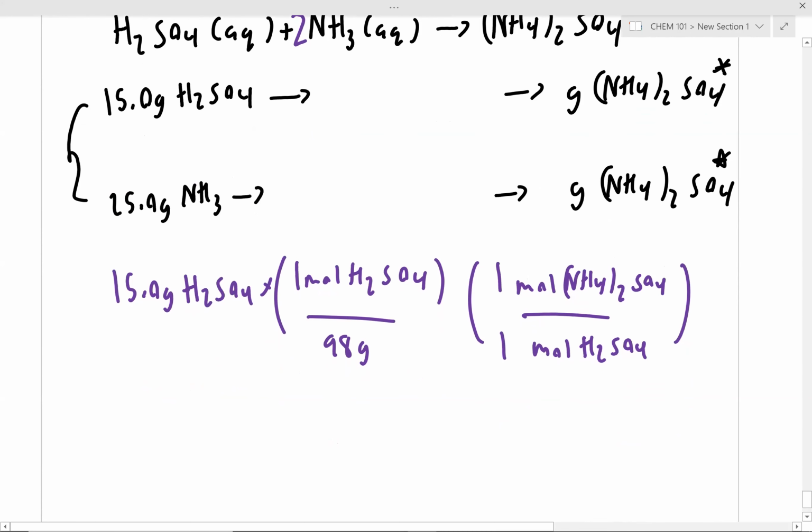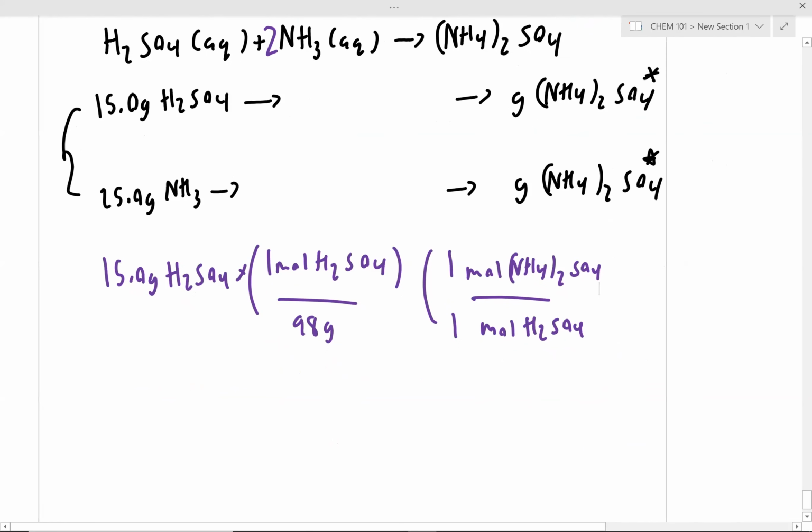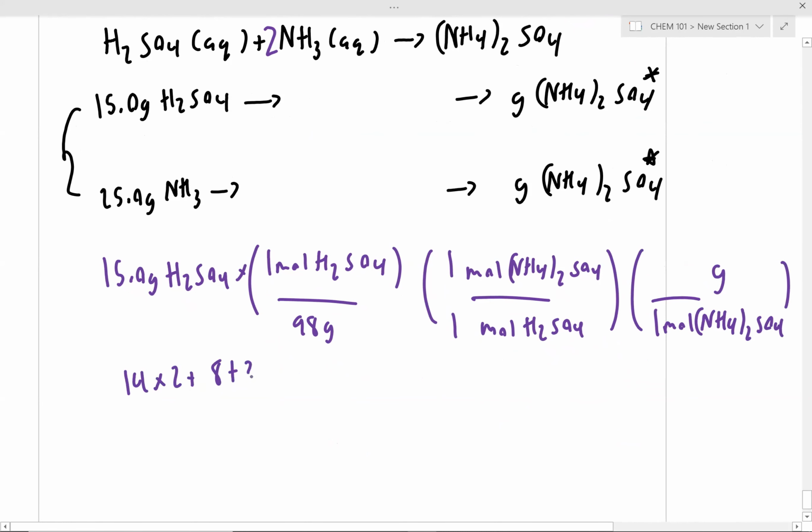So that, and then finally, let's go all the way to grams. How many grams are present in 1 mole of ammonium sulfate? So let's do that really quickly. We have 14 times 2 plus 8 plus 32 plus 16 times 4. Why does it feel like I've calculated this before?